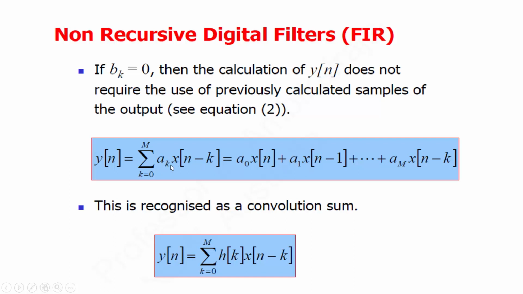Now, if you expand this sigma, you will get a0 x[n] plus and so on up to the Mth term. This is also recognized as what we call the convolution sum. These a_k, we call these the filter coefficients, h_k in the case of a convolution formula. When this equation is used to represent a filter, these are known as the filter coefficients.